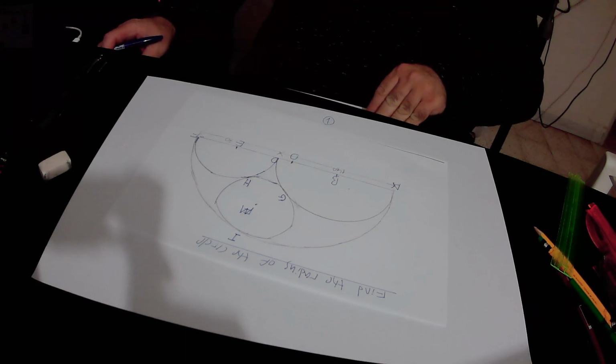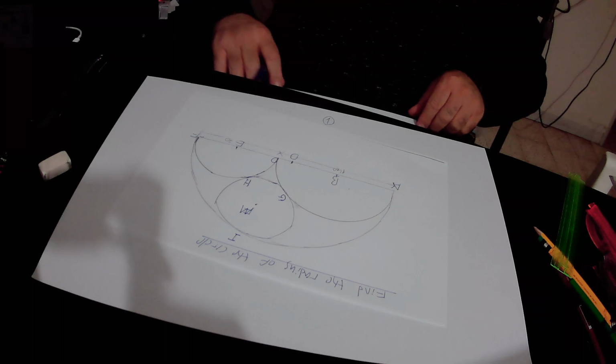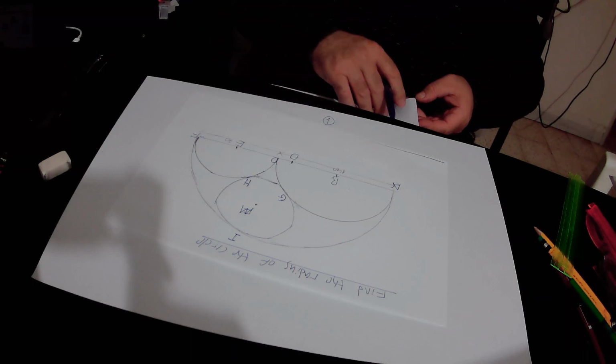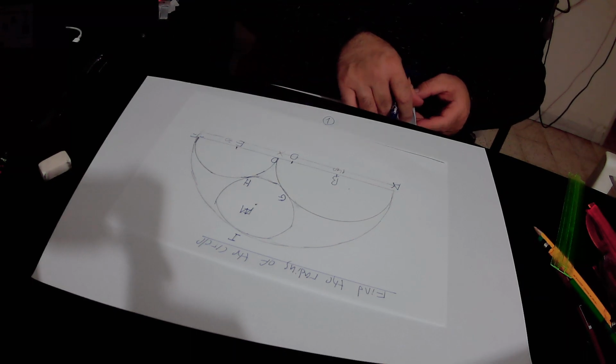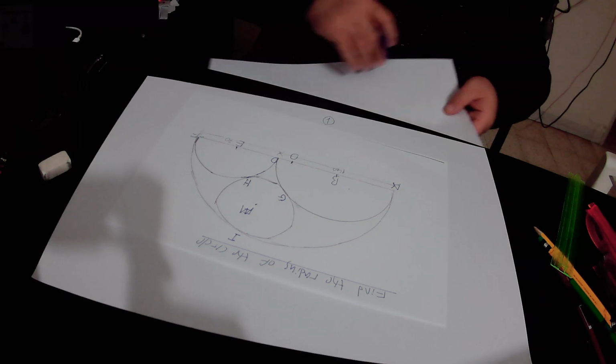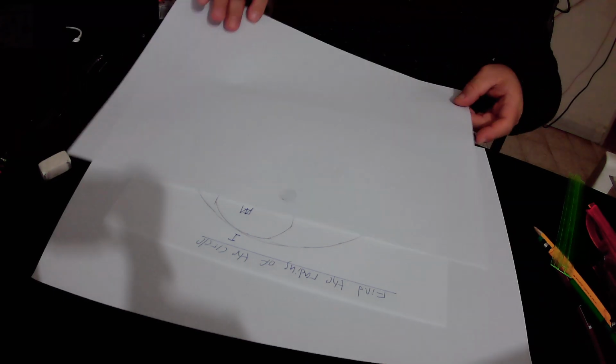Okay? AF is the diameter of the biggest semicircle. I write it down.